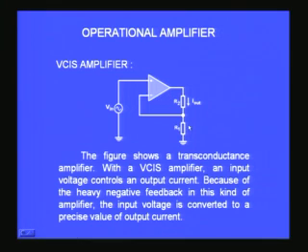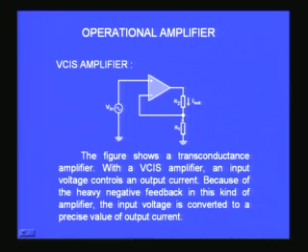Now what about the input output relationship? If you want to understand this in a very simple way, you are giving the input voltage here, this is V in, and this voltage cannot be different from V in by more than plus or minus 150 microvolt, we have already said, at any instant, and therefore this voltage will also have to be V in at this point. So if this is V in, the current through that will have to be V in by R1, voltage divided by resistance is current by Ohm's law.